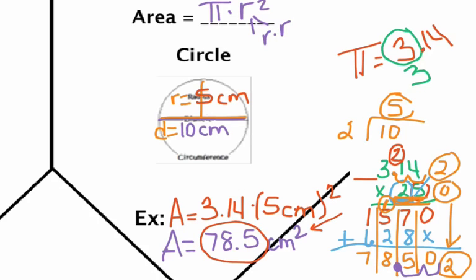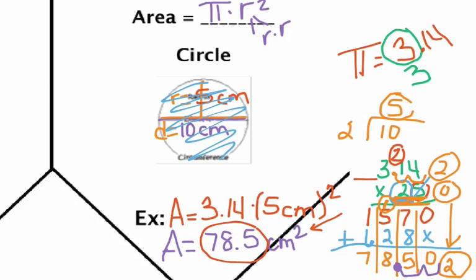So the area to cover the circle would be 78.5 centimeters squared. If you would like, you can write how to find the circumference of a circle either in the white space or in the back of this tab, just for reference. I'll be putting that in the next slide.